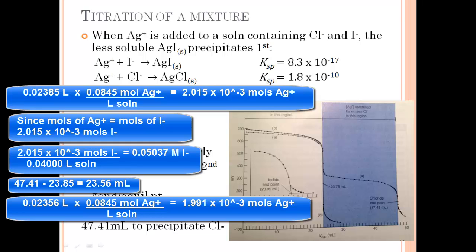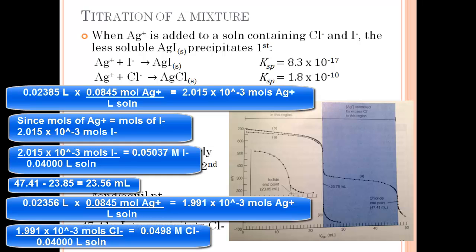And remember, again, it's 1-to-1, so if that's how much Ag+ was required for that section of the titration, then that's the same amount of chloride that reacted. So all we do is put that number of moles, 1.991 times 10 to the negative 3, divided by the same volume, because it's the same unknown solution. So divided by 0.04000. That would give you 0.0498 molar of chloride.